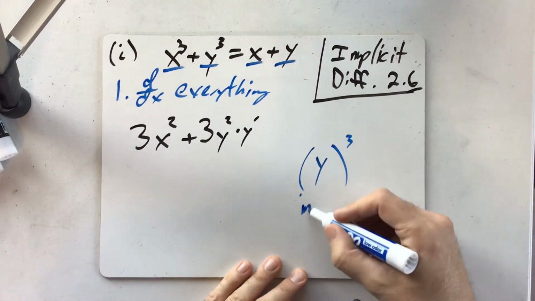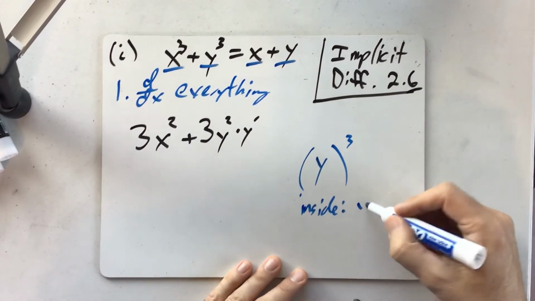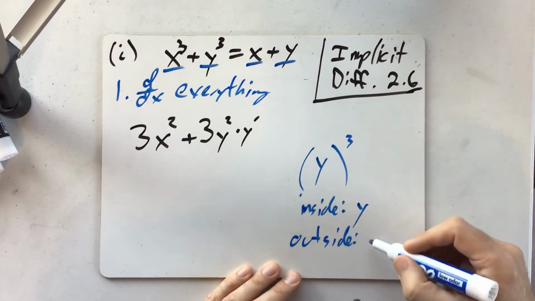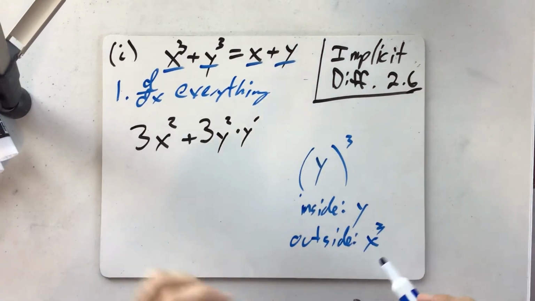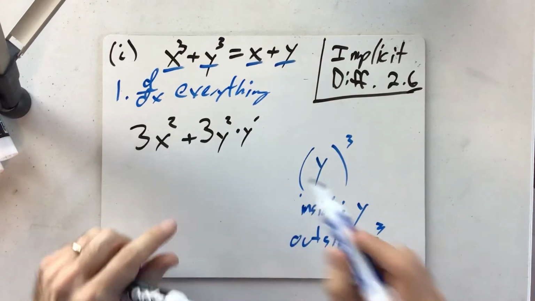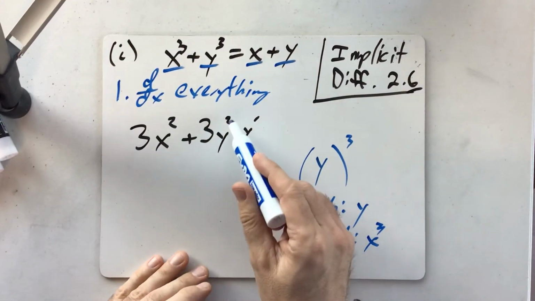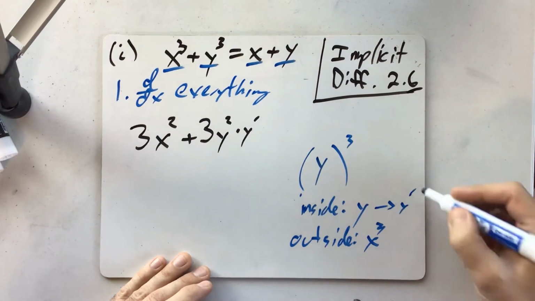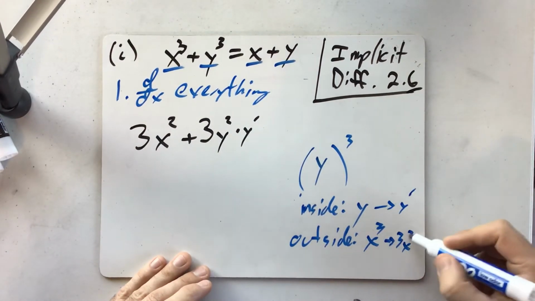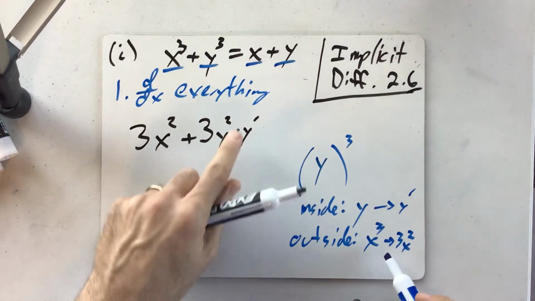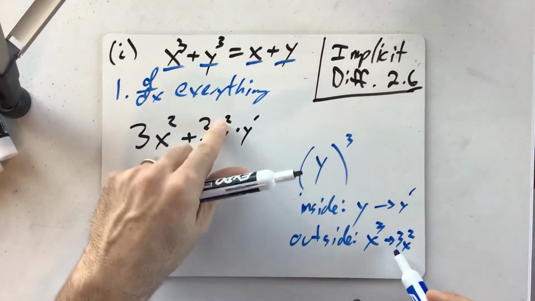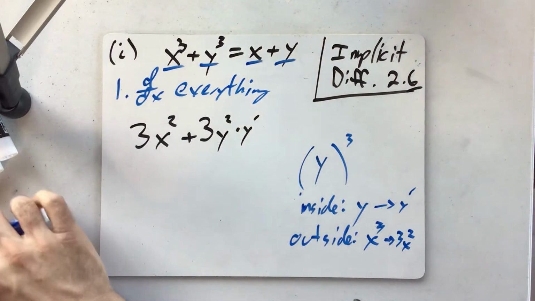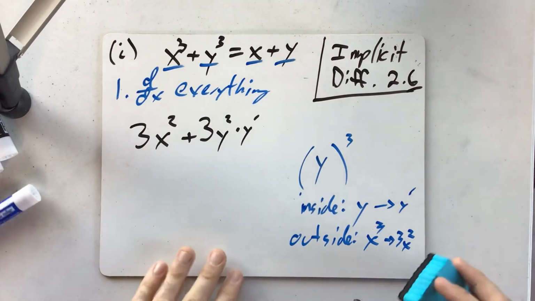Then we've got the chain rule: 3 times the inside squared, times the derivative of the inside, which is y prime. It's like we did 3x squared, put the inside back in, 3y squared, times the derivative of the inside, y prime. That's what makes implicit differentiation work.